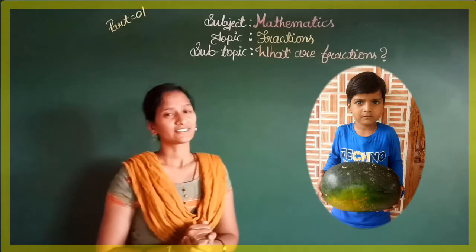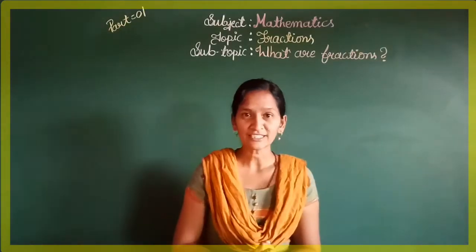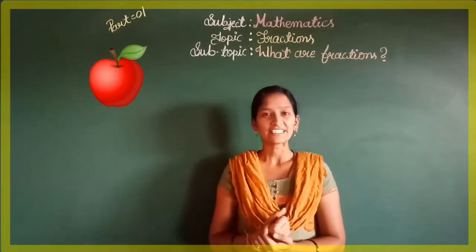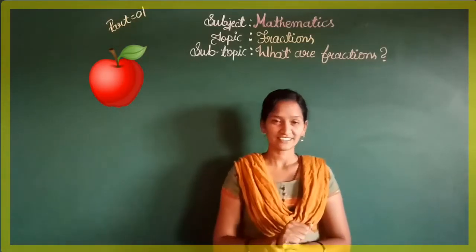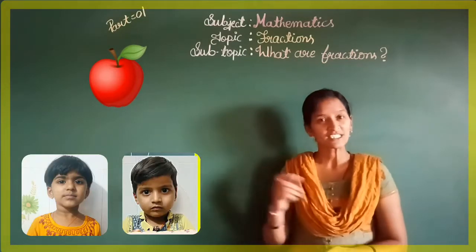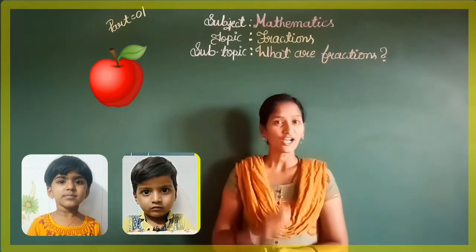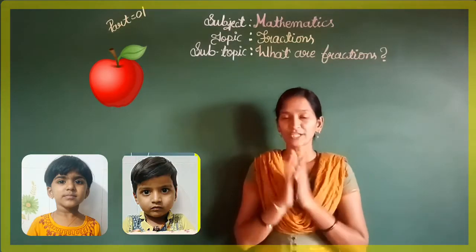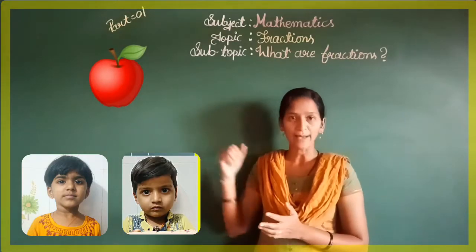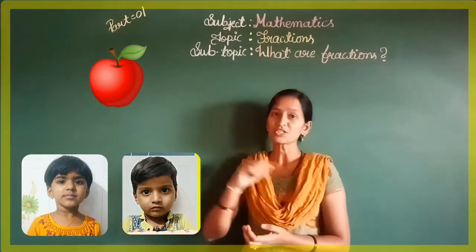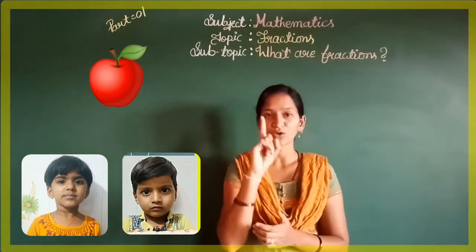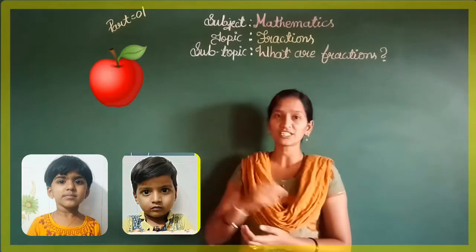Okay. So now, my dear children, observe here which fruit it is. It is an apple, right? Okay. So observe here, how many children are there? Here are 2 children. So now I want to share this whole apple between these 2 children. Yes, now you tell me, how can I share this one apple between these 2 children?